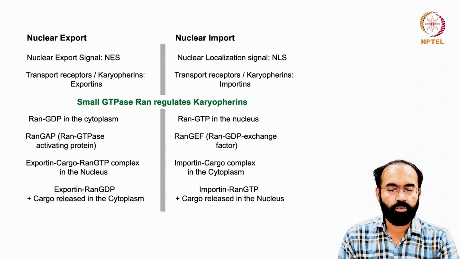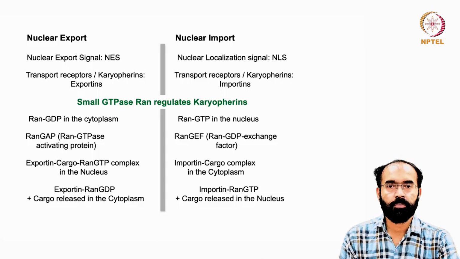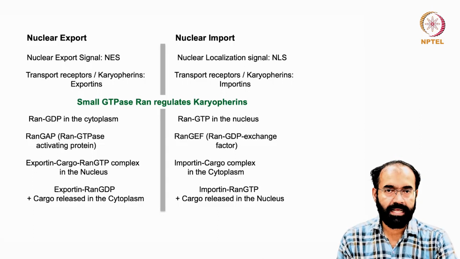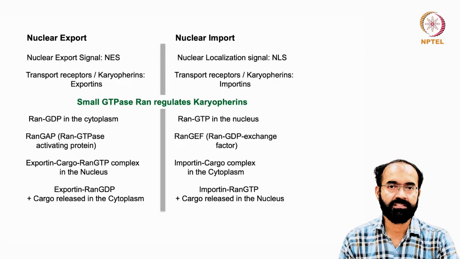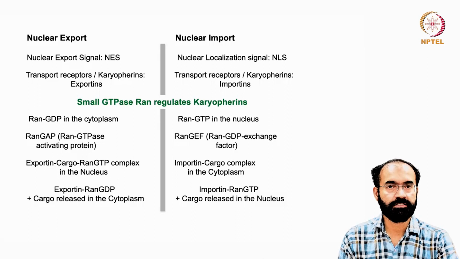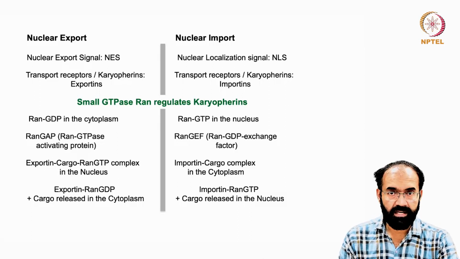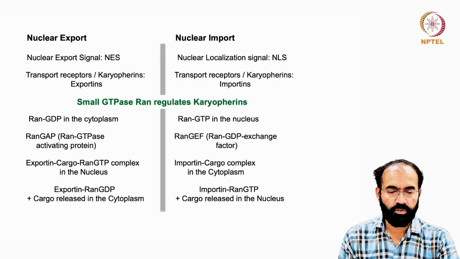Nuclear export and nuclear import, by now you would already know, because export means taking something from here to somewhere else, and import means bringing in something from somewhere else to here. From a gene expression point of view, the here is the nucleus, so you always refer in terms of the nucleus.